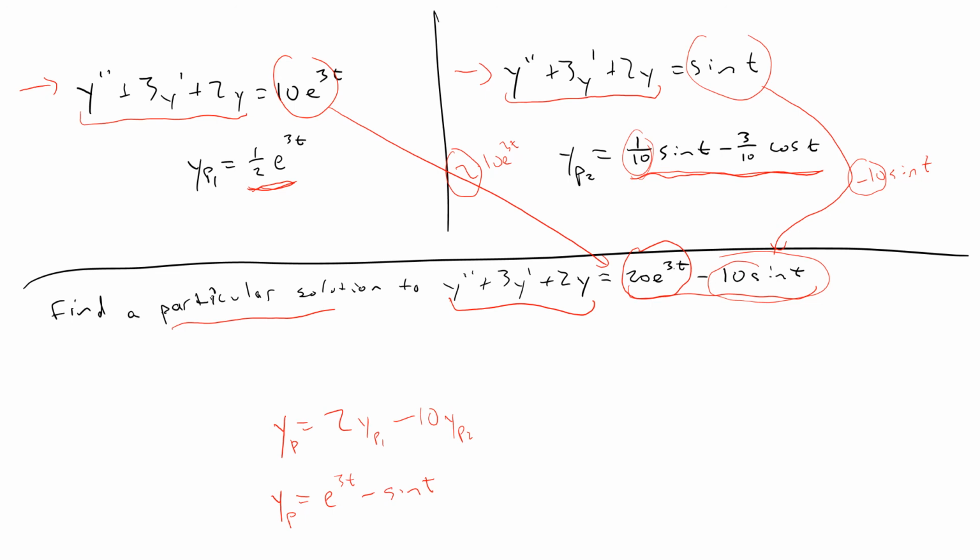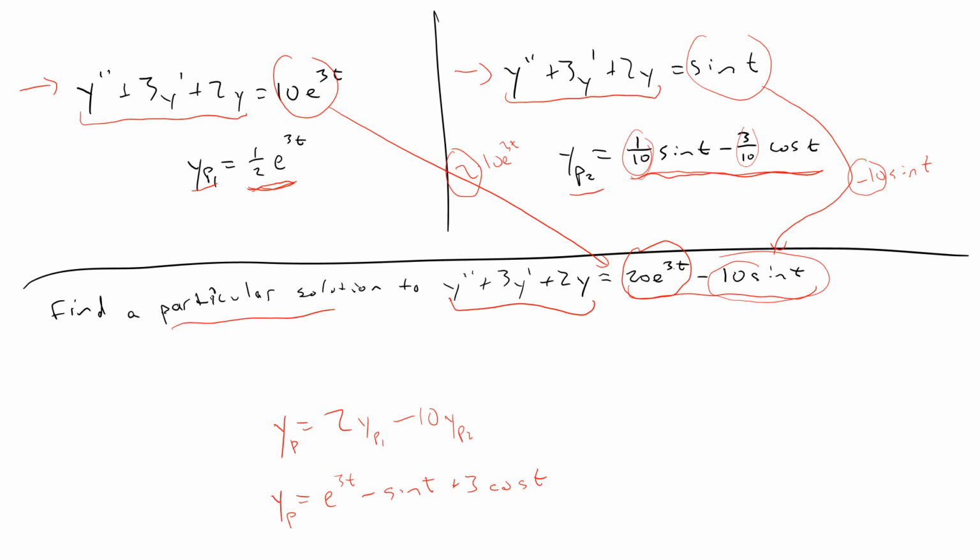And then 10 times 3/10 is 3, so I have minus times minus, this is plus 3 cos t. So the combination of our particular solutions gives a particular solution to this uglier equation here.